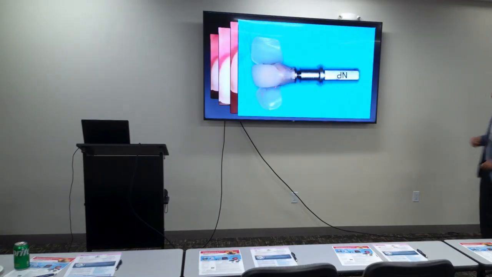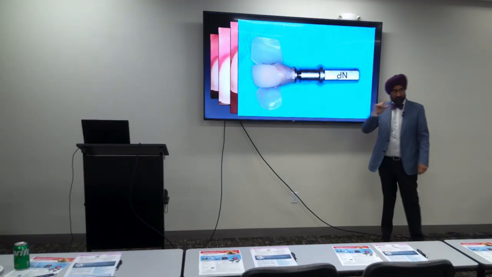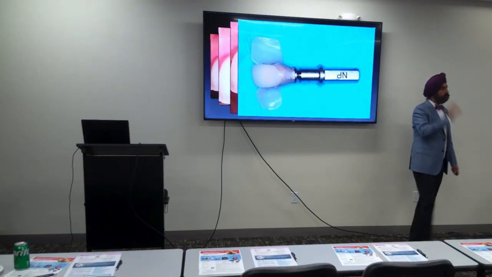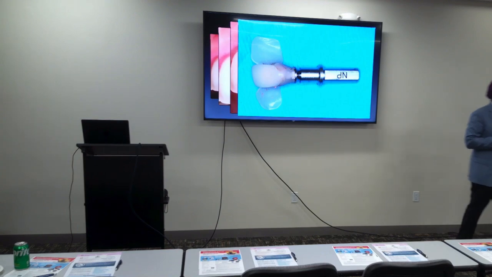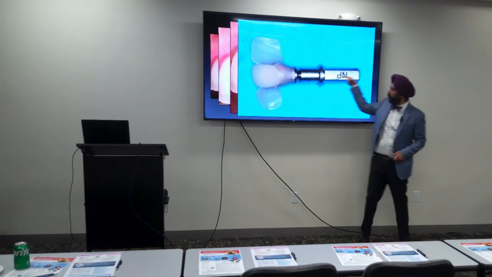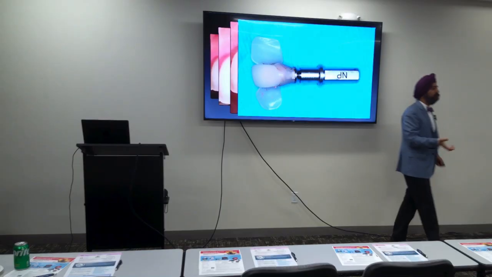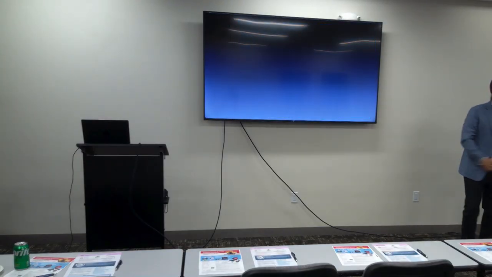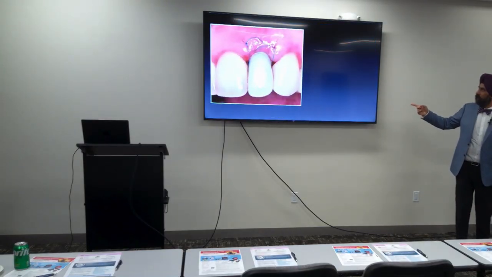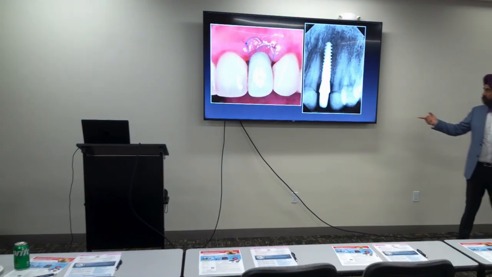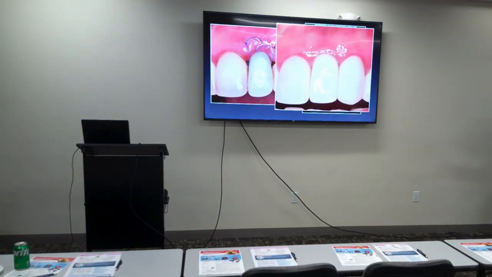Once it snaps into it, you have a 3D printed temporary, you put some composite in it and pick it up. Now this is blocking the screw access hole. So then there's a burr that comes in that goes right through it and makes this into a screw retained temporary. And then you place that. So this is how she left home. This is 3 months follow up with the final.